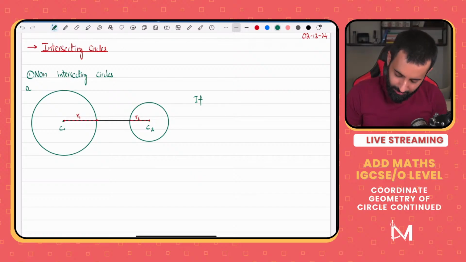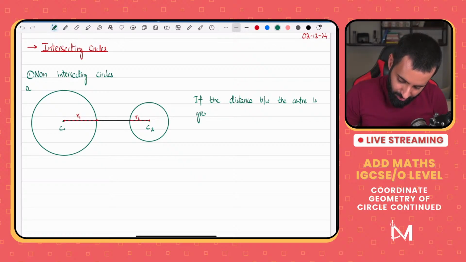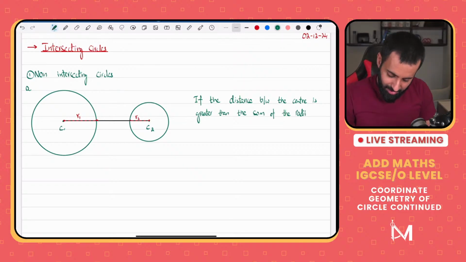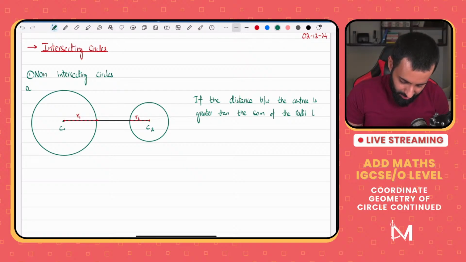If the distance between the centers is greater than the sum of the radii, then the circles do not intersect.